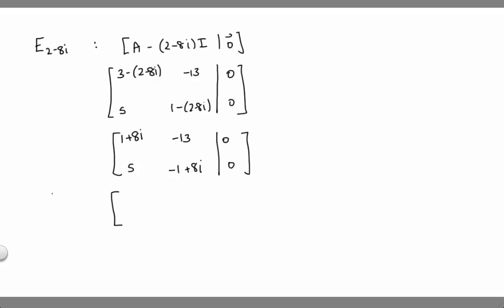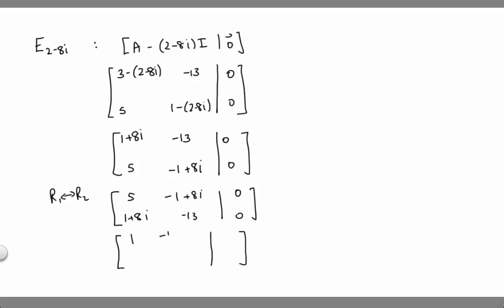So let's swap rows. There we go. And then we'll divide by 5 in that top row. Make everything nice. So 1, minus (1 plus 8i)/5, and then 0 in the top row. And the bottom row can just be recopied.